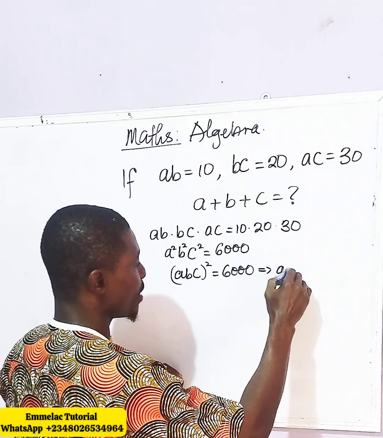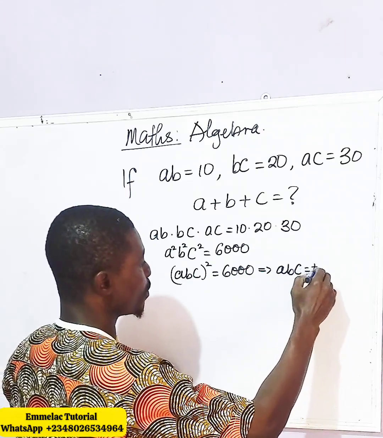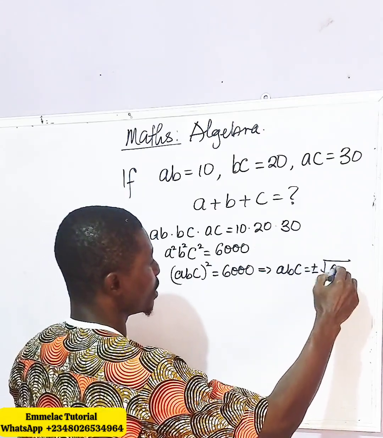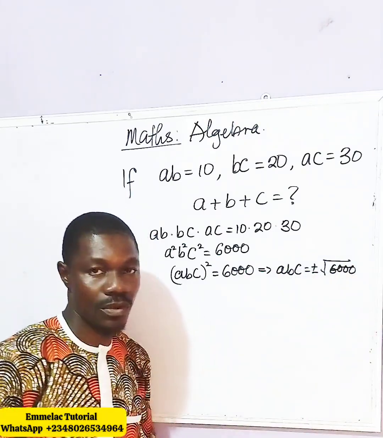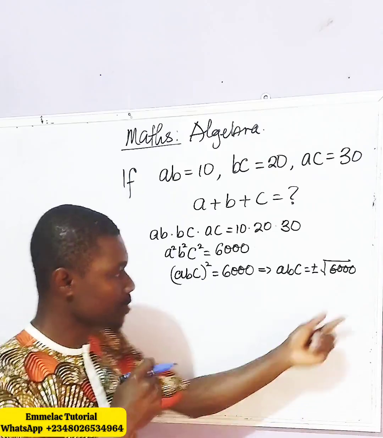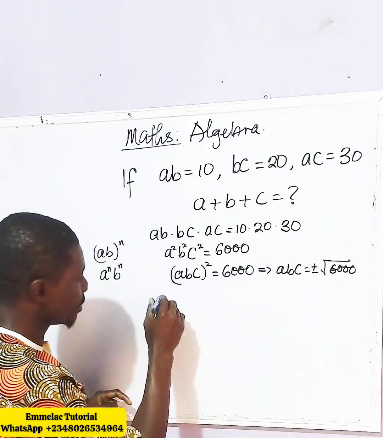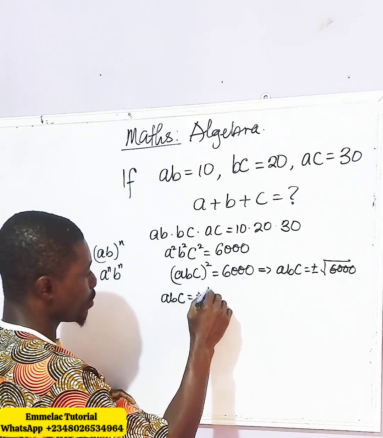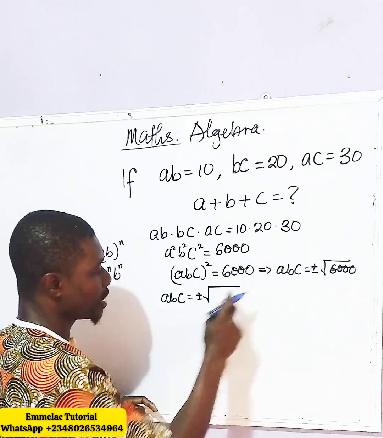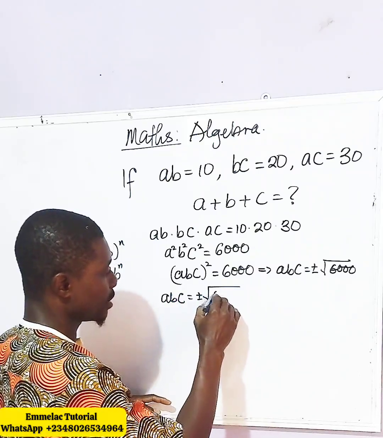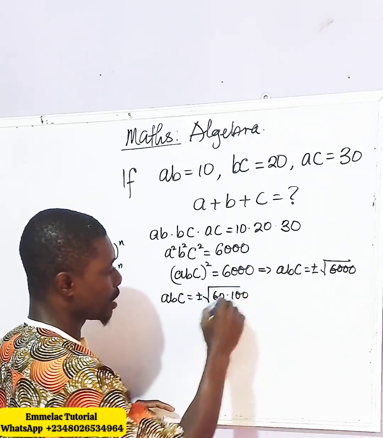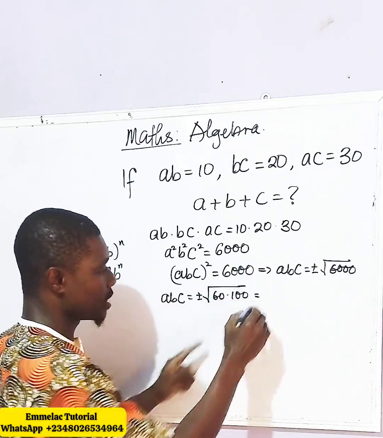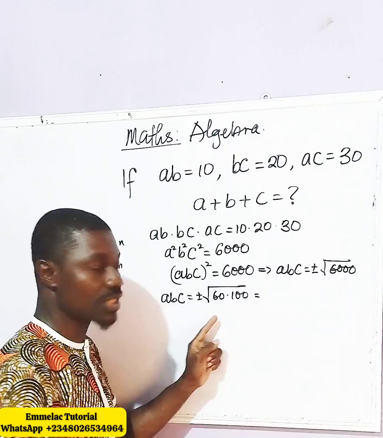Alright? So at this point, we can square root both sides of the equation. We have that ABC will give us plus or minus the square root of 6,000. Simplifying this further, ABC will give us plus or minus the square root of 60 times 100. However, 60 can also be written as 4 times 15.